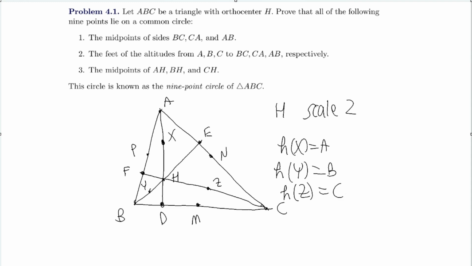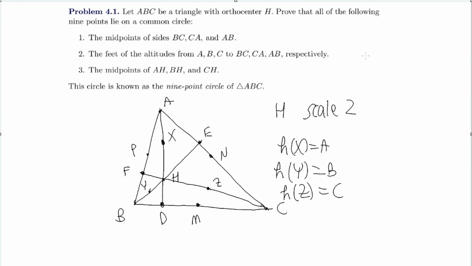So the circumcircle of XYZ, where does that get sent to? Well, by the homothety relation theorem that we said earlier, the circumcircle of XYZ has the same relation to XYZ as its image has with ABC.